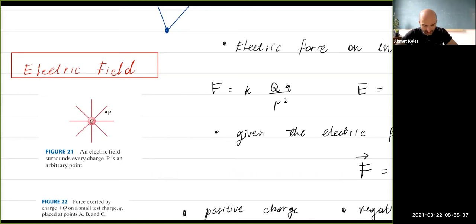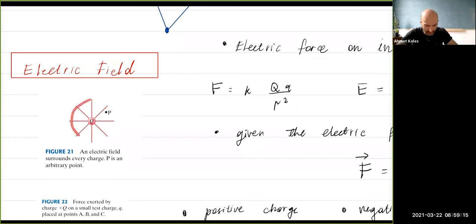I think it was Faraday who introduced the concept of electric field. You think of the charge as an electric field that permeates the whole space, like a cobweb. When you put another test charge, it hangs on to this cobweb, as if there is contact between the test charge and the cobweb, which is connected to the charge.